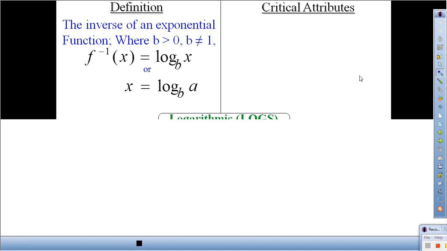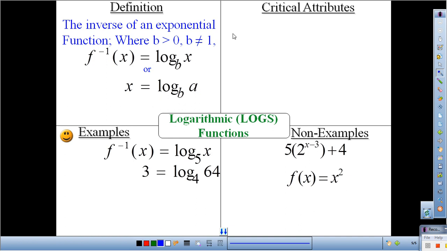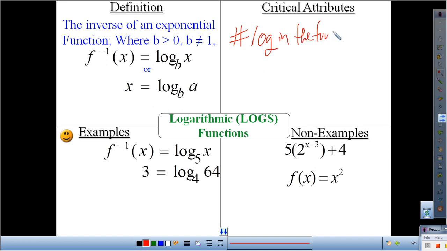So do a hashtag on here. So we can do hashtag log in the function. Hashtag not exponential function.